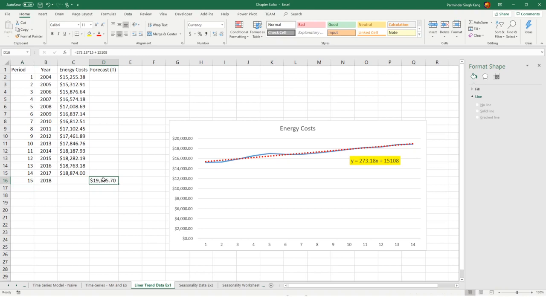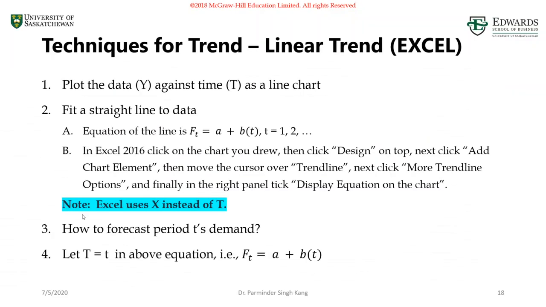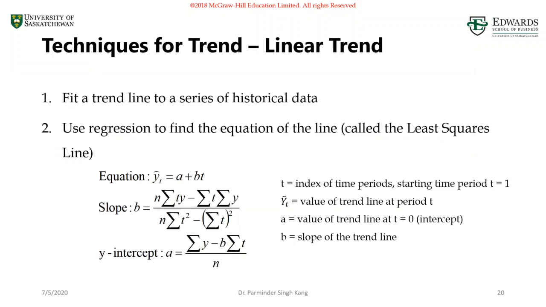Okay, I hope this makes sense. So again, give it a go: add a trend line, determine the equation of the line, then do the forecast from that. Here's the explanation of how you get the equation of the line manually, in case you want to work through the manual process. Have a look at the slides up to slide number 20.